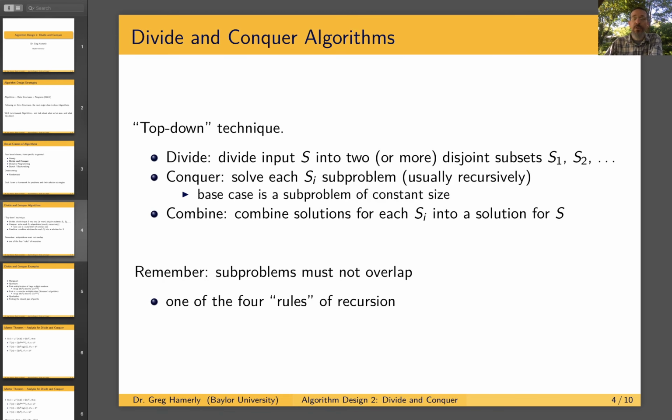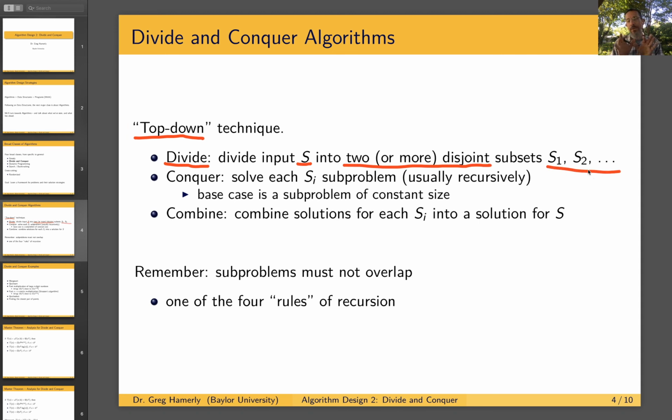Divide and conquer algorithms are oftentimes beautiful algorithms that exemplify a so-called top-down technique. And the name tells you a lot about the types of algorithms. We divide the problem first, and if our initial problem is called S, then we divide it into two or more disjoint subsets, S1, S2, and so on.